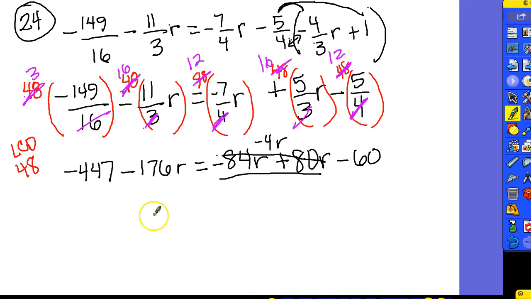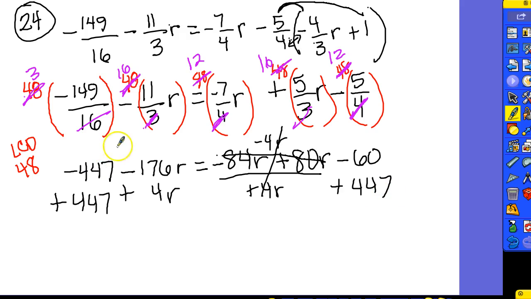Okay, so I think I'll move the R's to the right and my constants to the left. So I'm going to add 4R and cancel it from that side. And I'm going to use additive inverse, add 447 to that side. Cancel that out.